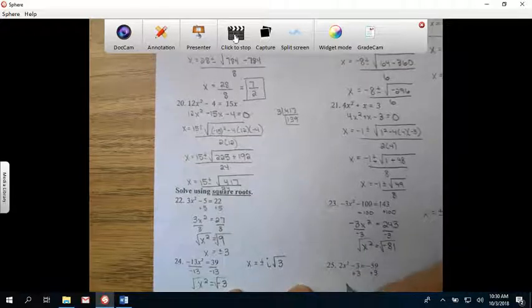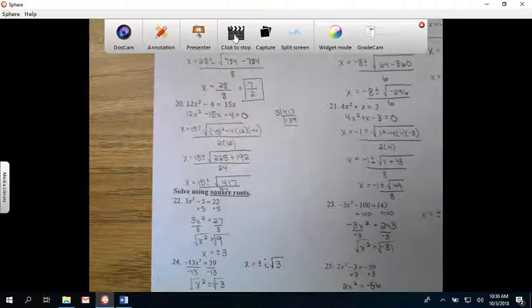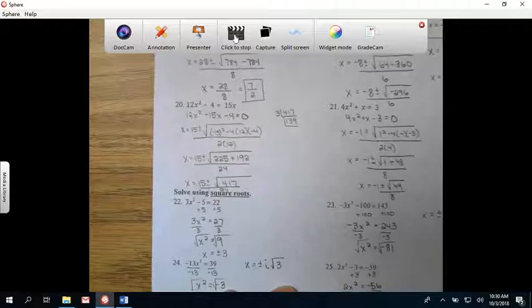So over here, I'm going to add my 3. So I'm going to end up with a negative 56. And then I'm going to divide by my 2. So negative 28.